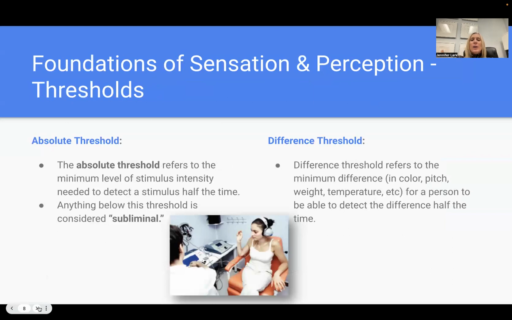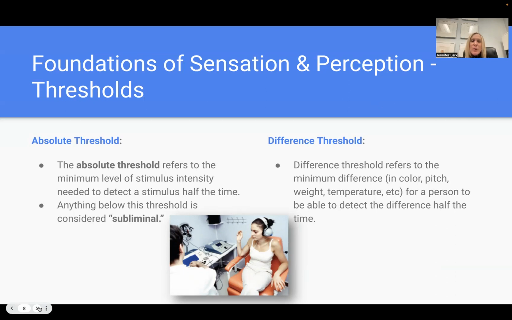Okay. A couple of other things that help us think about what do we actually perceive among competing stimuli and what do we not. So we talked about selective attention. But in order to selectively attend to something in the first place, your brain actually has to detect that it exists in the world around you.